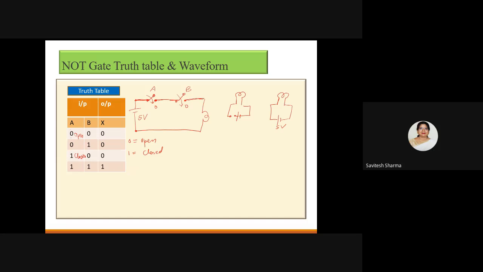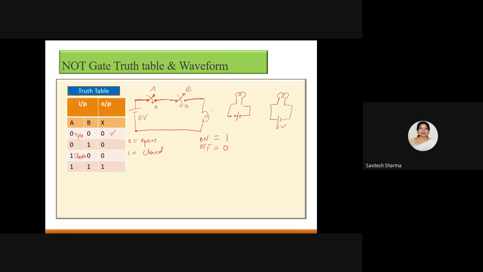The loop is not forming here, so your bulb will not glow. I will write glow as on, and not glow as off. Off means 0, and on means 1. So if you are applying 0 0, your bulb will not glow because your circuit is not closed. 5 volt is not connected to the bulb, so you will get a 0.